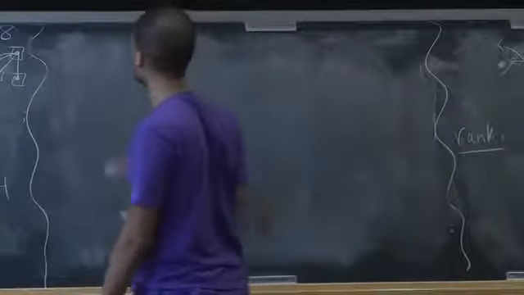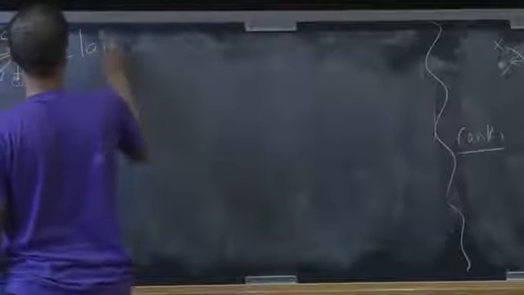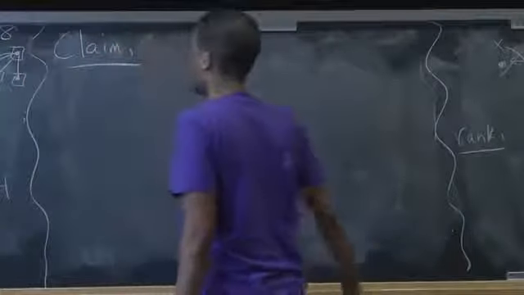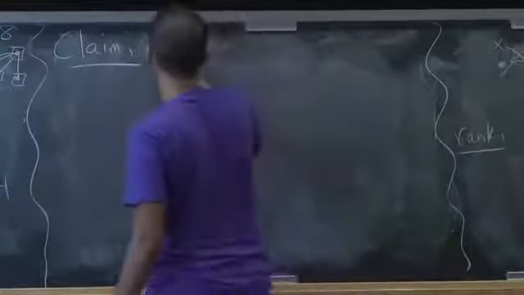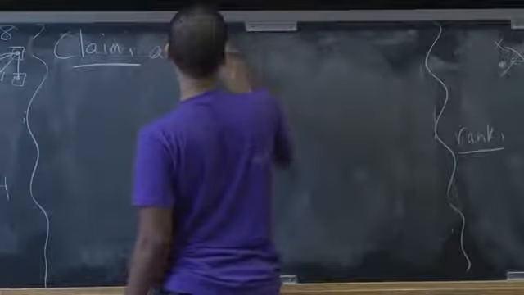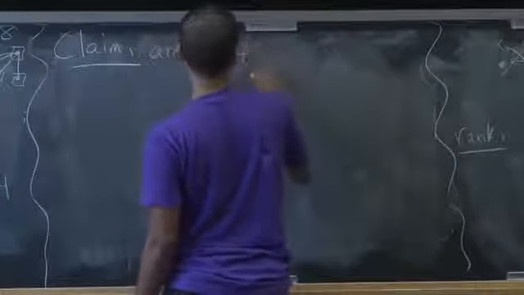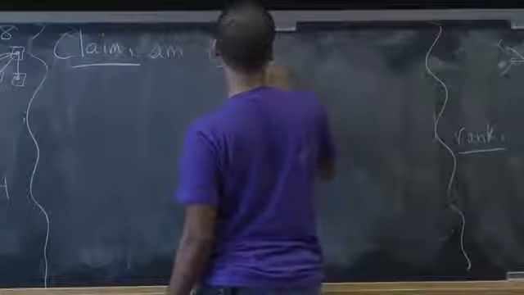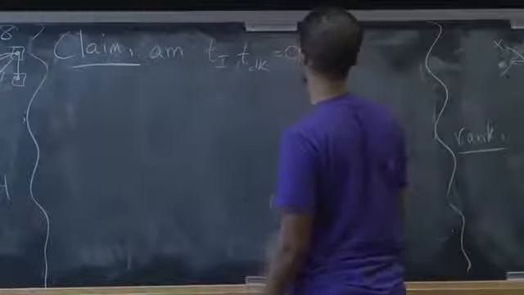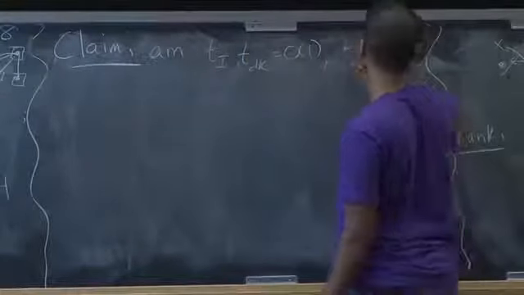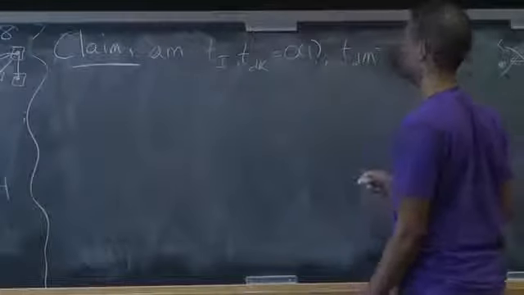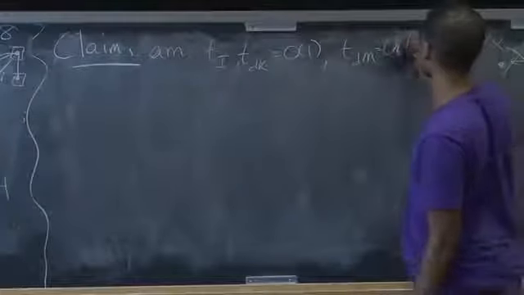Okay, so the claim for amortized T of insertion and T of decrease key are both constant. And T of delete min should be O of log n.